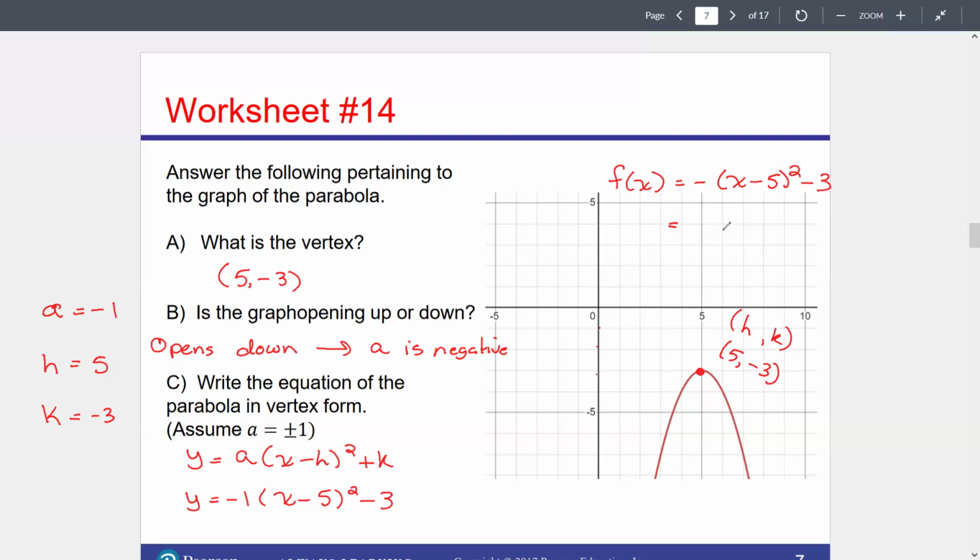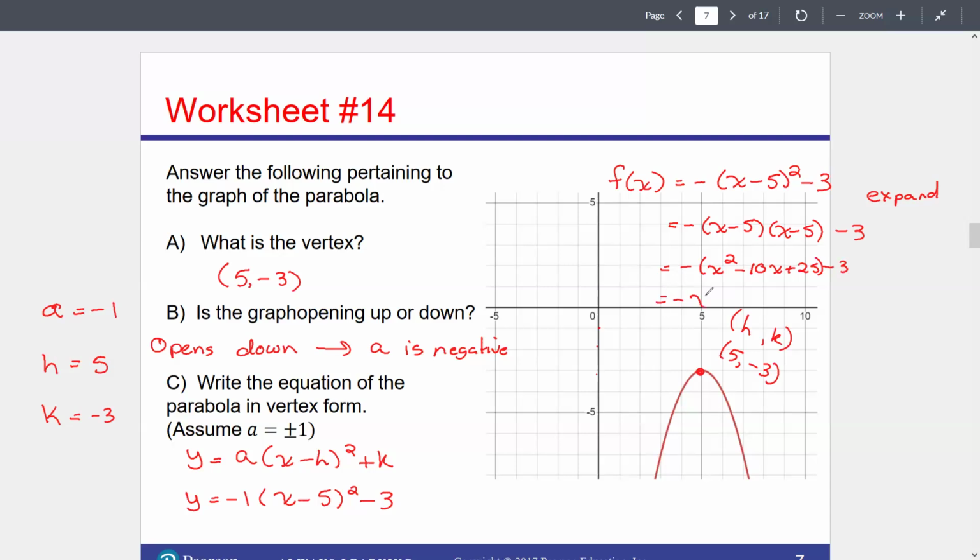So if you had to find roots of this, all you'd have to do is expand it. So if I expand this, that's a negative out there, (x minus 5)(x minus 5) minus 3. So it's just rewriting it. We're going to get x squared minus 10x plus 25, minus 3 out here.